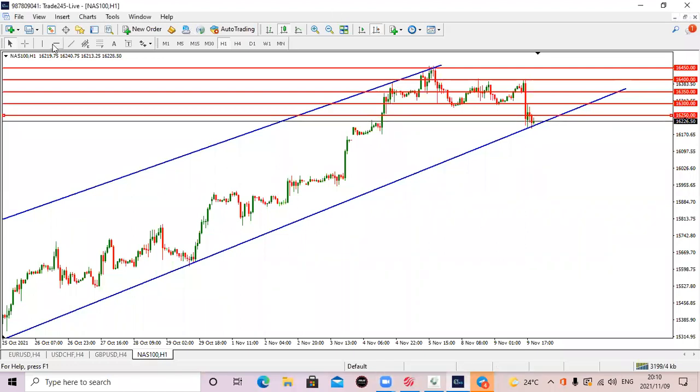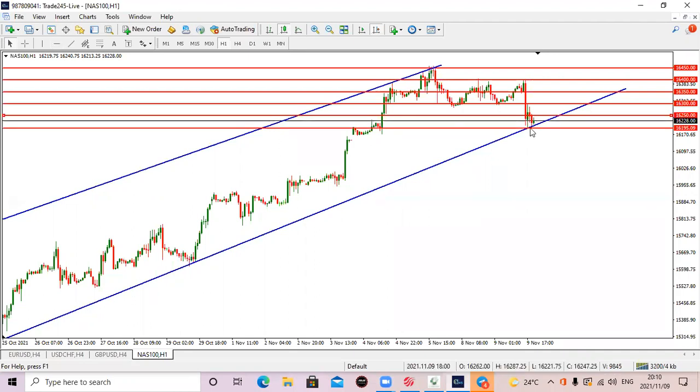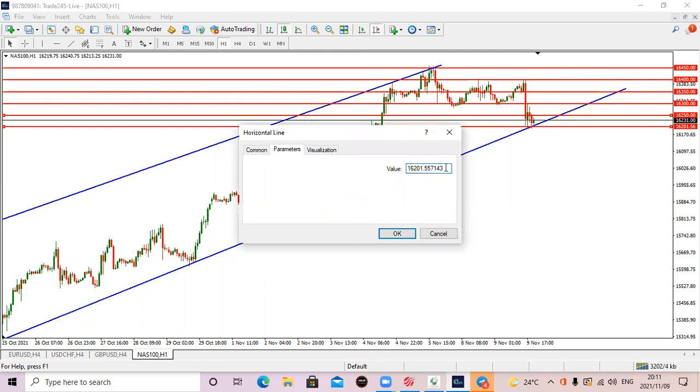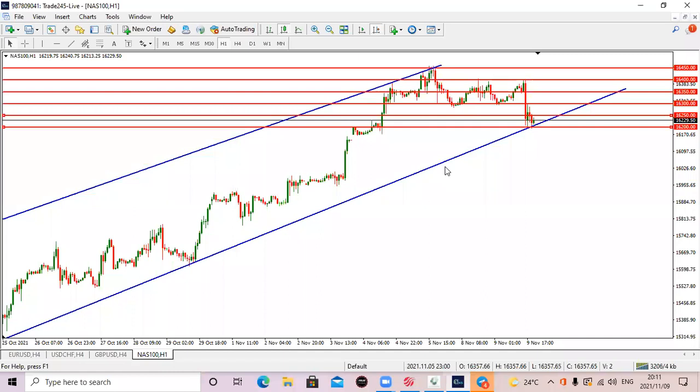That's where the action is happening. So I'm going to mark until this price. Then make sure I delete that, and press enter. Then we have that. Right.